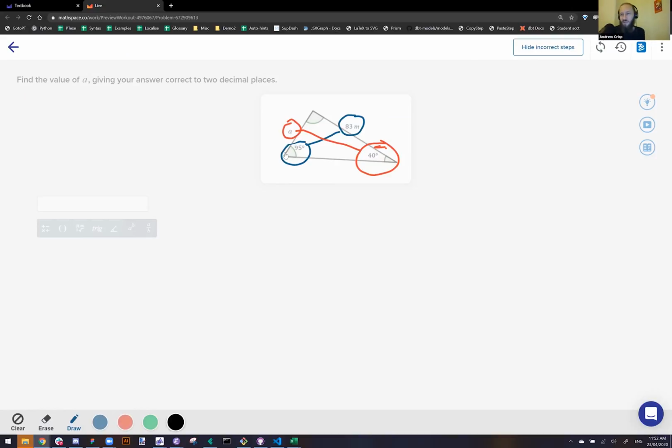So we're trying to find a side here. And that means that we want to write the side on the top. A over sine of the opposite angle, sine 40, equals this side over sine of its opposite angle, 83 over sine of 95.